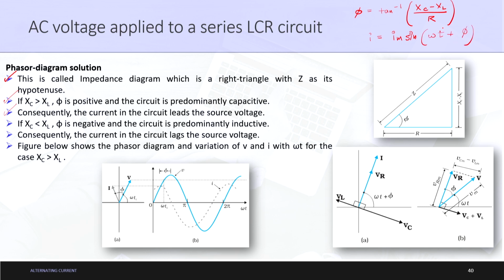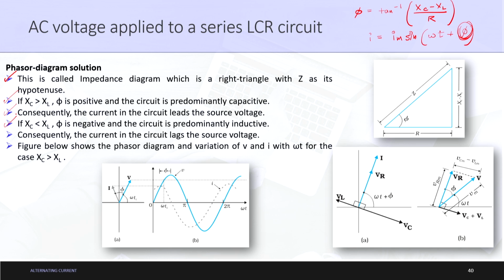If we get any value of phi which is a positive quantity, then it is sure that every time the current will be ahead of the voltage. Nothing new here. The current in the circuit leads the source voltage because the value of phi is a positive quantity.